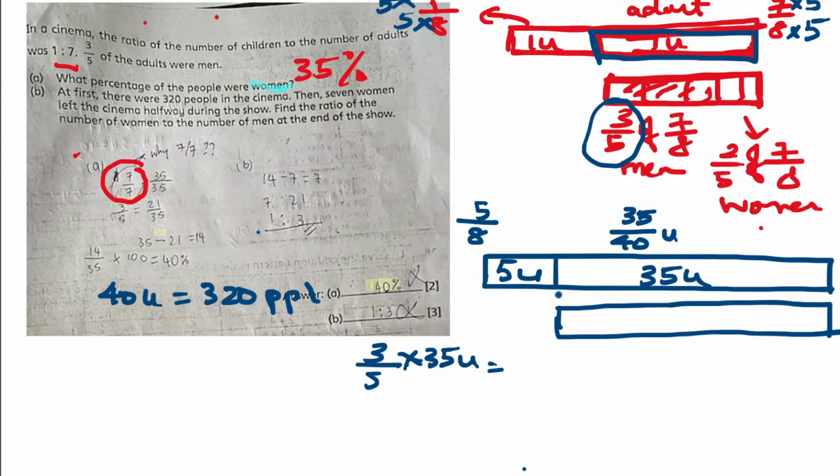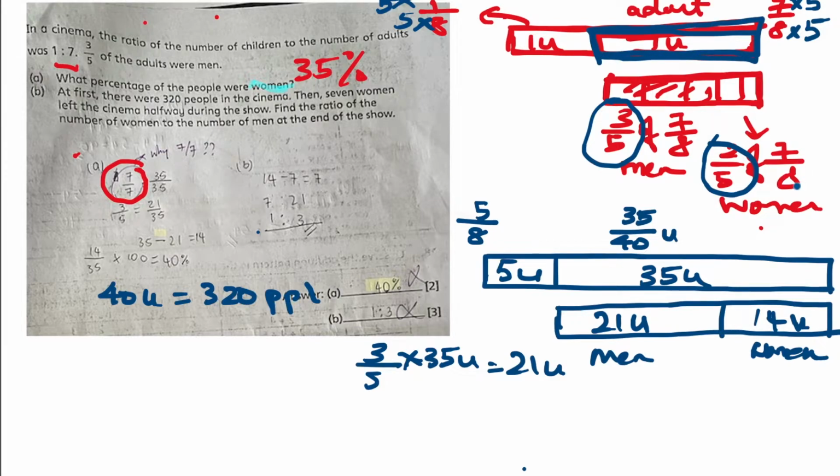It's 21 unit. Okay, so 35 minus 21, left with the woman, about 14 unit here. So here's the man. Here's the woman. And you know the woman is 2/5 of this here, 2/5, and you know that this total is actually 35 unit, right?